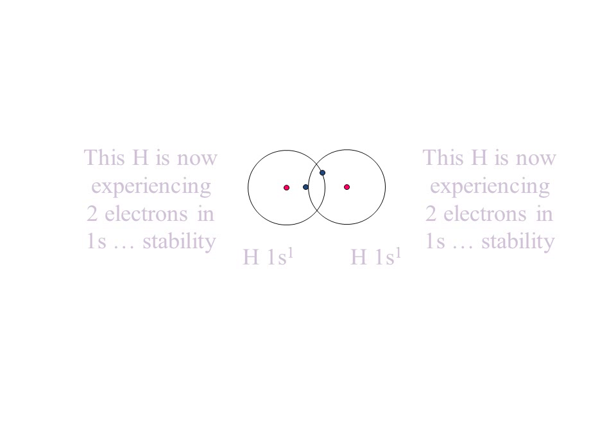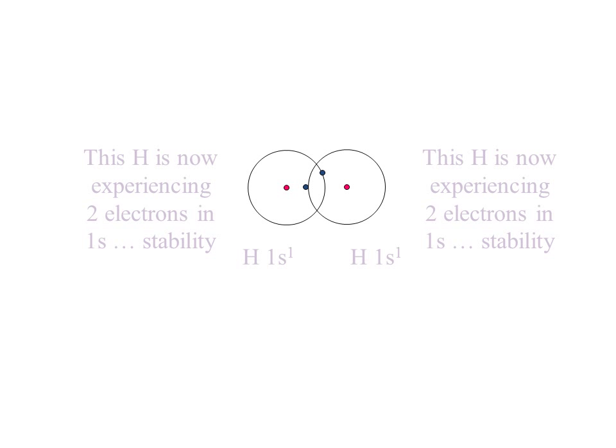This actually happens so that the two electrons are spending time on both atoms. The hydrogen on the left now has two electrons in its 1s sublevel, and so it now has a 1s2 electron configuration, and that is a stable electron configuration.